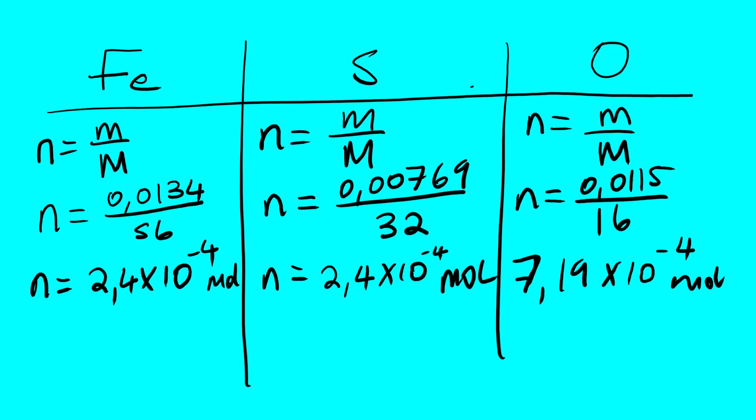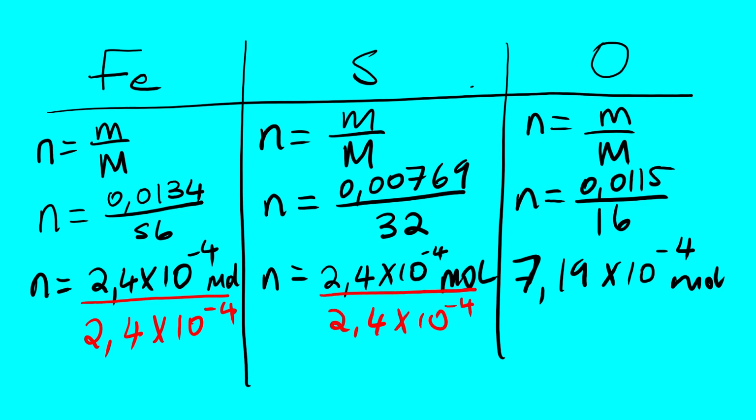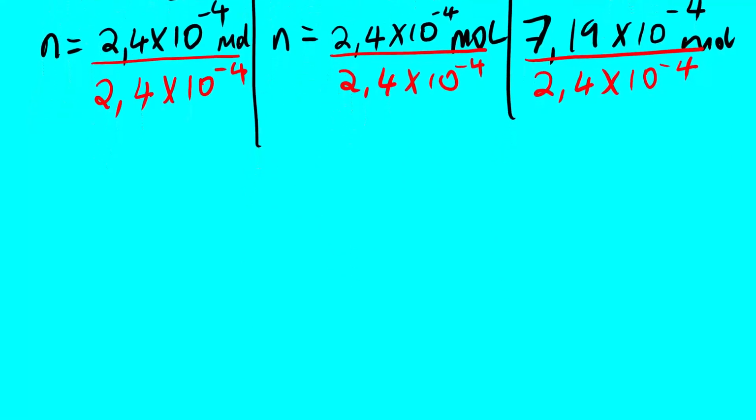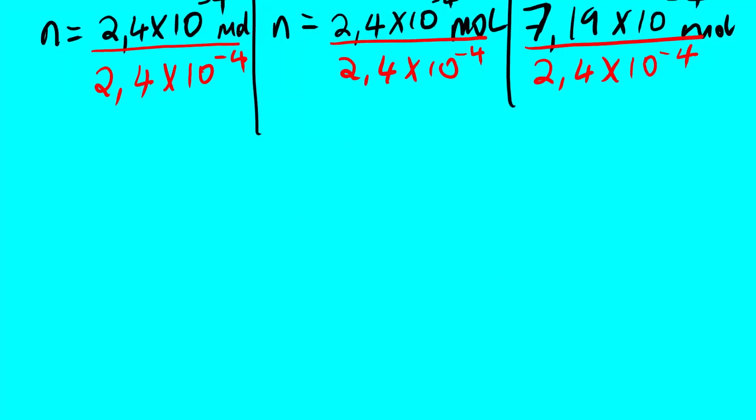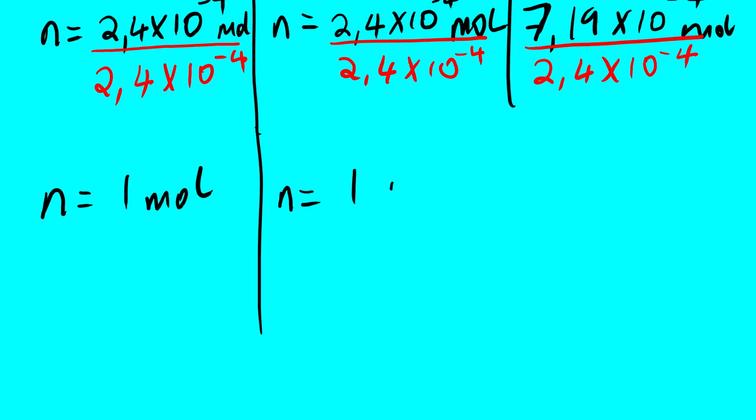Now we need to compare these numbers of moles. We can see that the smallest number of moles is 2.4 times 10 to the power negative 4. So we are going to divide each and every term by the smallest. Now we can see that for iron we have 1 mole. For this one also we have 1 mole.